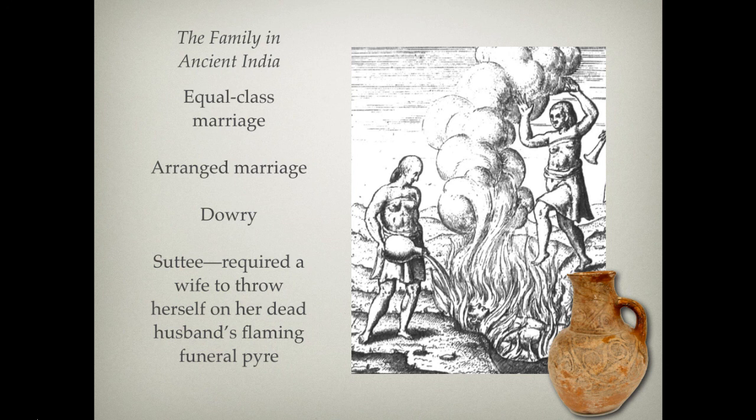And the concept that she must throw herself on the flames and die with her husband is reinforced by the concept of these divisions between the Varnas and this kind of strict class system. They didn't want the wife to live by herself beyond the life of her husband. They were considered one unit, and if one dies, both die.